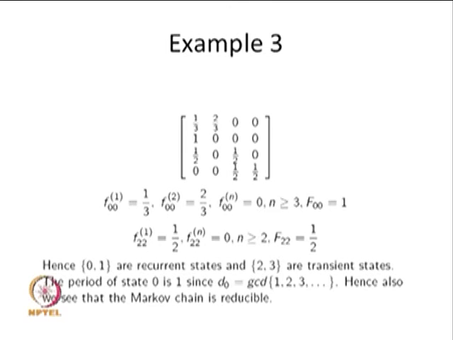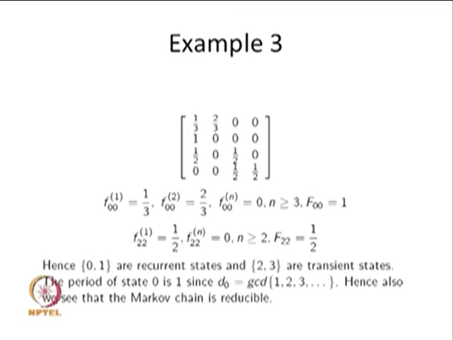Therefore, that is going to be 0, and not only F00 of 3, for all other terms also it is going to be 0. F00 of n equals 0 for n greater than or equal to 3. So, now I can find out what is capital F00. If I find out capital F00, I have to add all the values. So, it is 1/3 plus 2/3 plus all the further terms are 0, therefore, it is going to be 1.